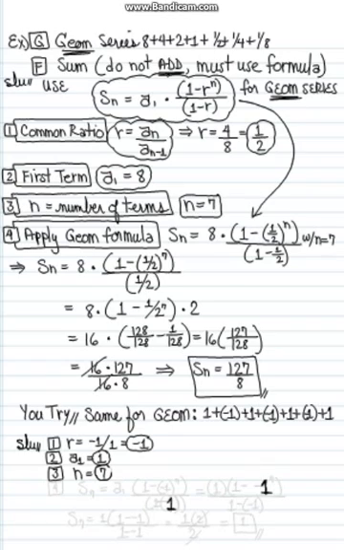There are 7 numbers being added, so s sub 7 equals a sub 1, which is 1, times 1 minus the common ratio in parentheses, negative 1 raised to the 7th power, over 1 minus negative 1.